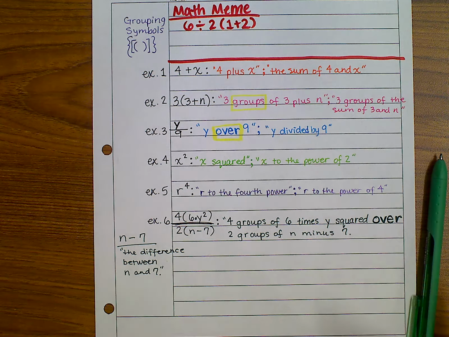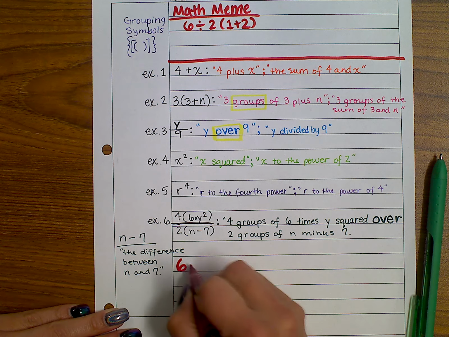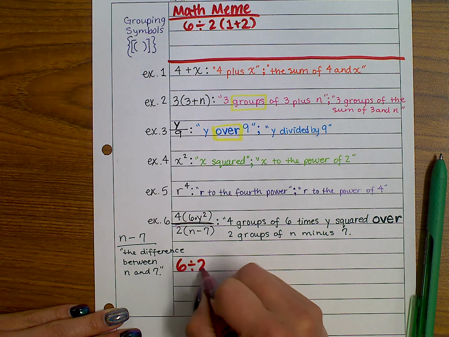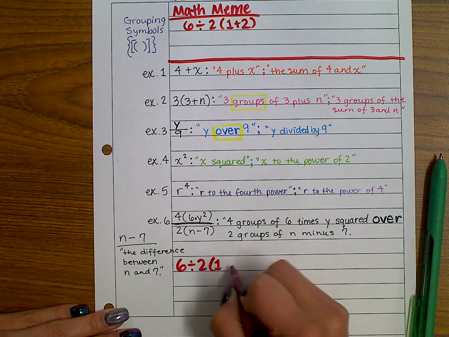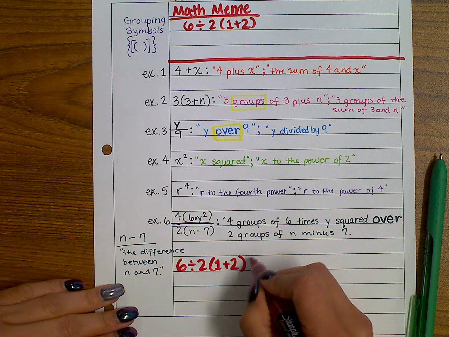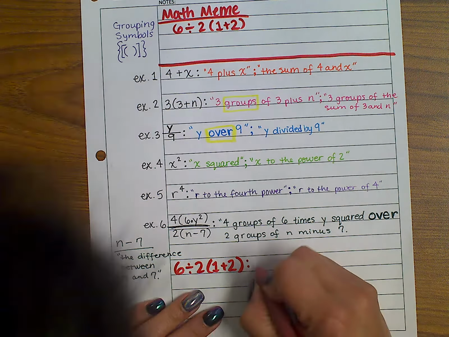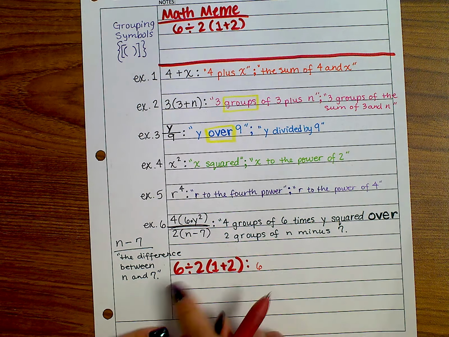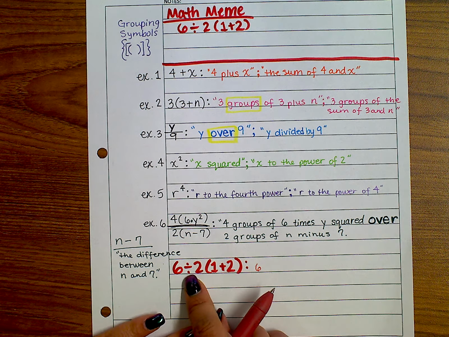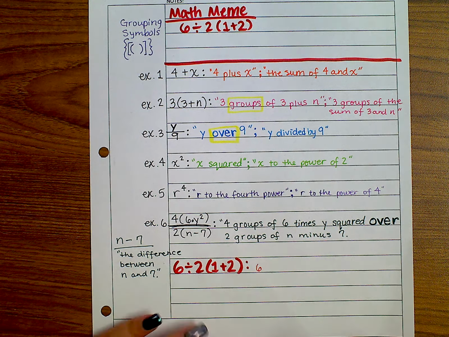So let's go ahead and go back to our original math meme. Okay. So let's turn that into a verbal statement. That would be 6. Now notice this one, I would not use a preposition because it is not literally over anything.